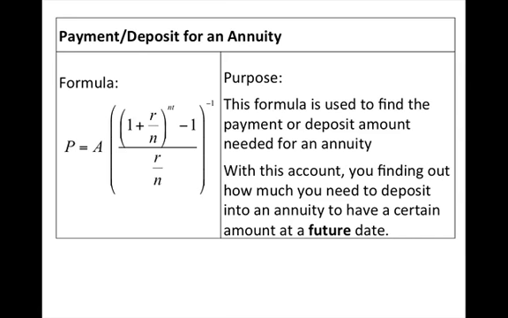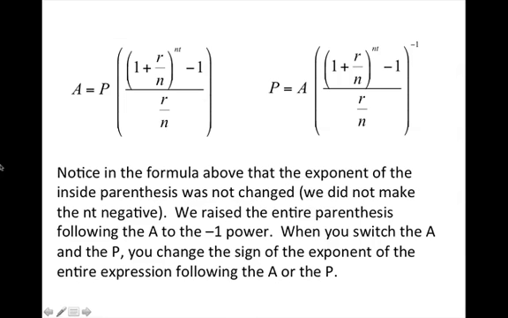One other note with this formula: in the previous lesson, we had A equals P times (1 plus r over n) to the nt. That was all we had. So this was the only thing we were dividing each side by when we were solving for P. So that's why the nt became negative.